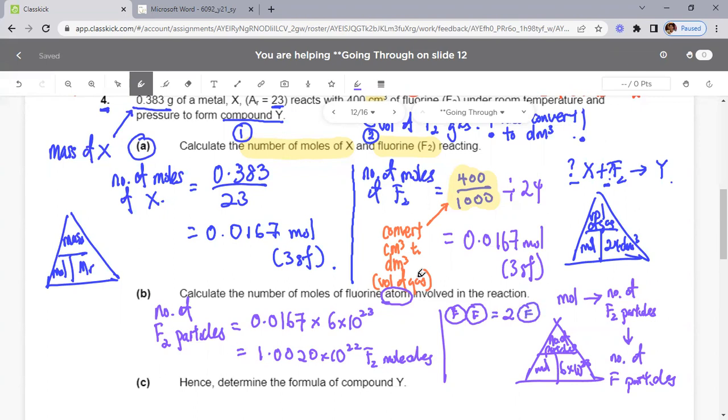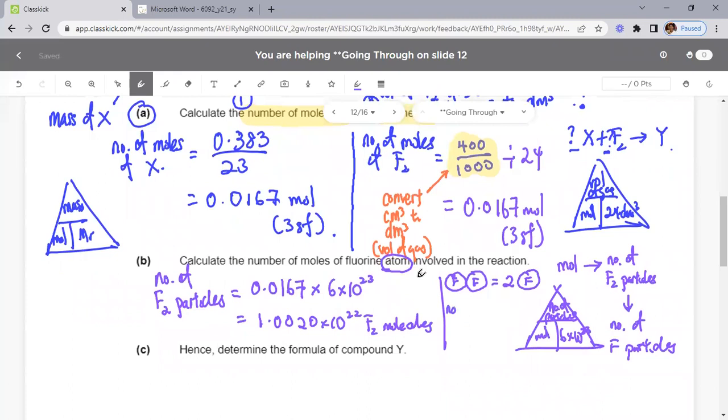I need 2 fluorine atoms to combine to give me my F2 molecule. So to convert F2 molecules into F atoms, the number of F atoms equals 1.0020 times 10 to the power of 22, multiplied by 2 because of the 1:2 ratio. You're going to get 2.00 times 10 to the power of 22.